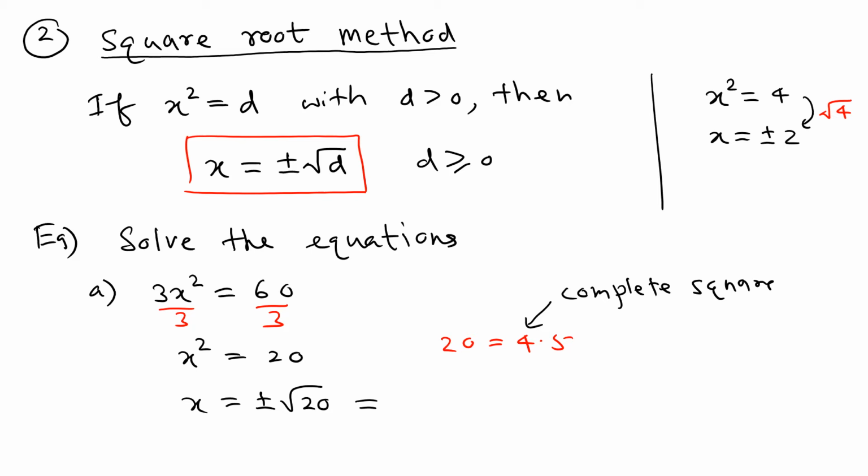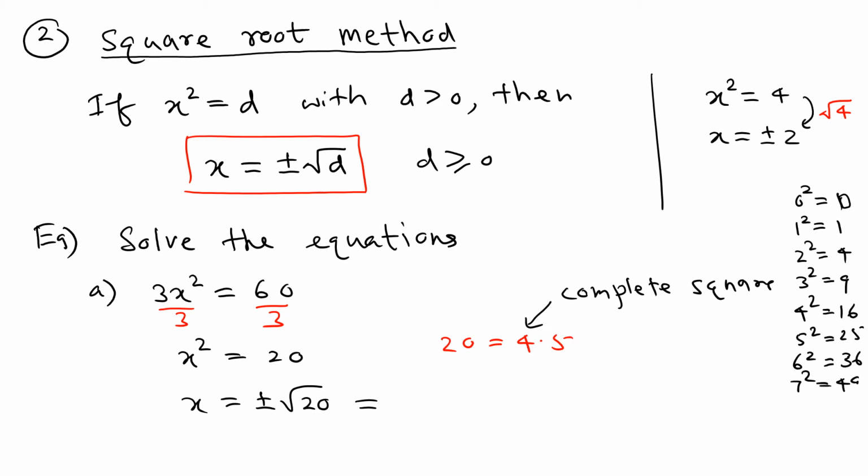So what are the complete squares? You can see 0 squared, which is 0, and then 1 squared, which is 1, and then we have 2 squared, which is 4. 3 squared, 9. 4 squared, 16. 5 squared, 25. 6 squared, 36. 7 squared, 49. 8 squared, 64.